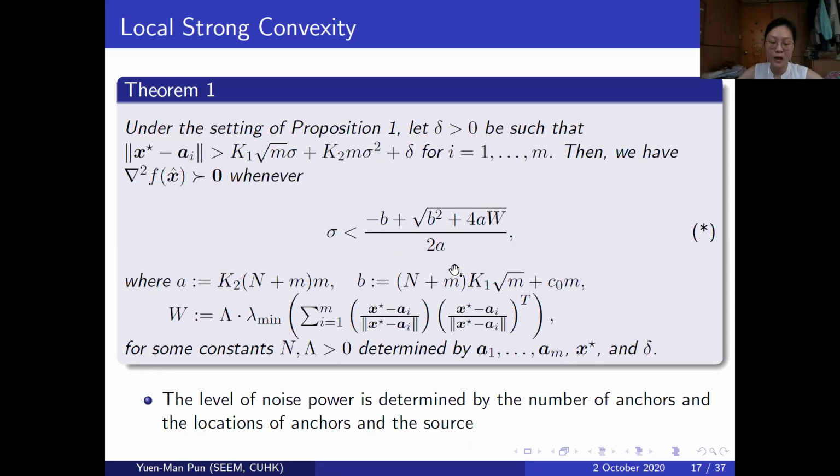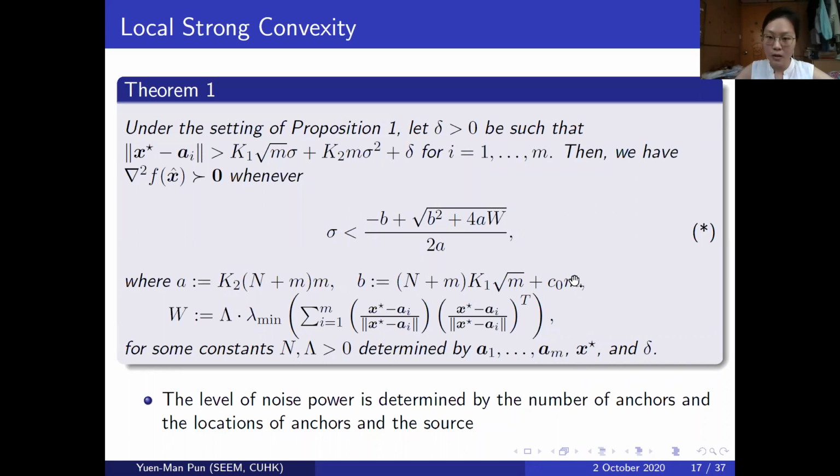Okay. So the noise bound here is determined by this formula. K1 and K2 are some constants in proposition 1. M is the number of anchors, N and this big lambda are also constants determined by the positions of the anchors and the target.